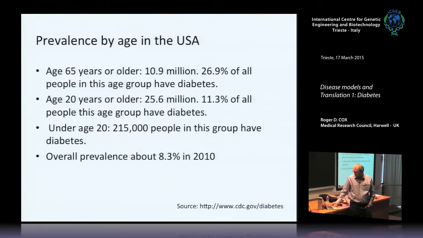Age is a risk factor. There's an increasing prevalence in younger people due to increasing obesity rates. So there are increases in that younger age group, which is a particular worry.